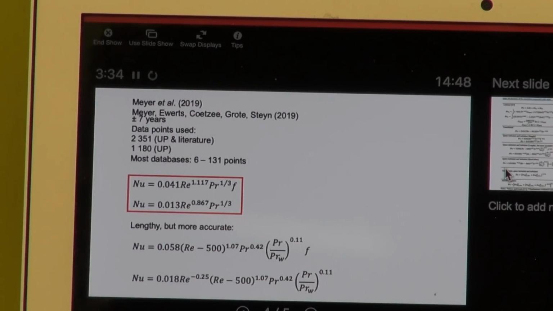And the result is that we've produced a new database consisting of 1,180 data points, of which we knew all of them, the accuracies and the uncertainties. And that made it possible for us to determine a new equation, and there they are, a simple one and then also a much more lengthy one.